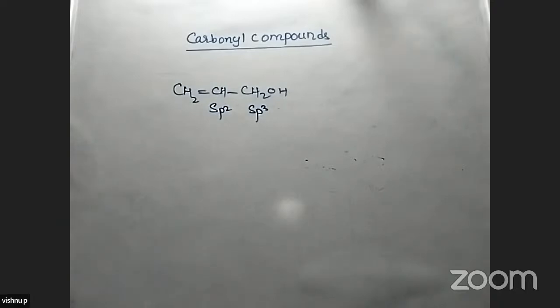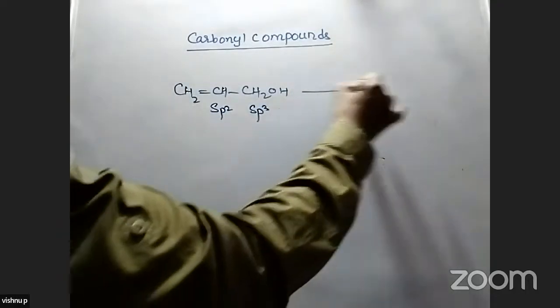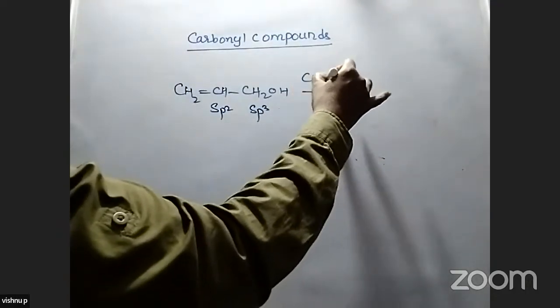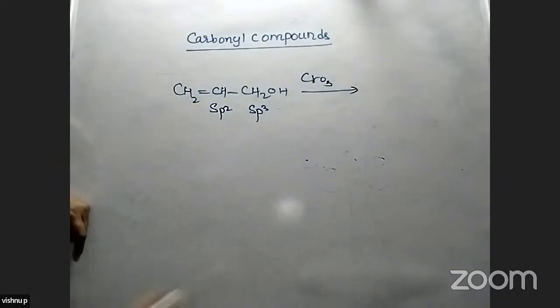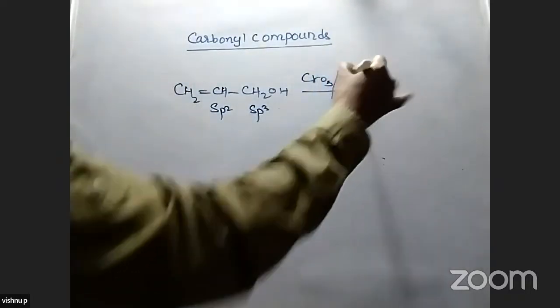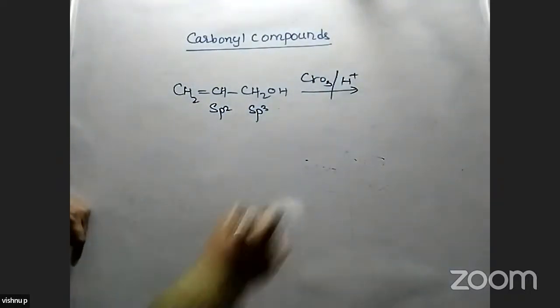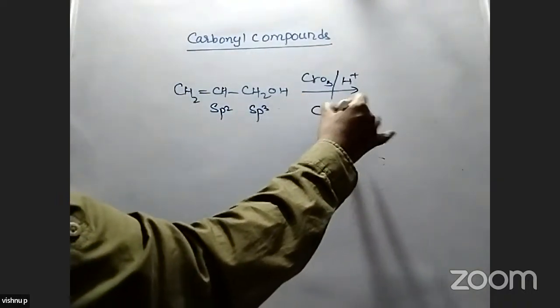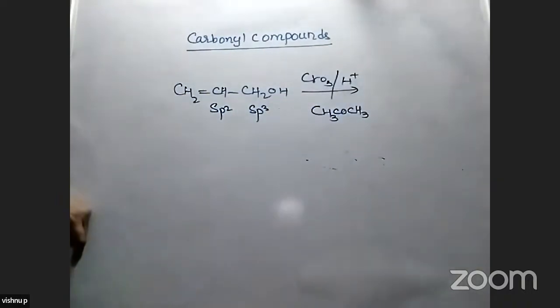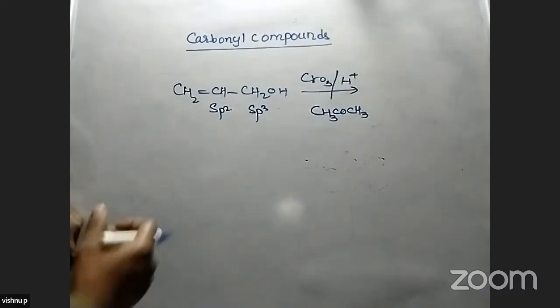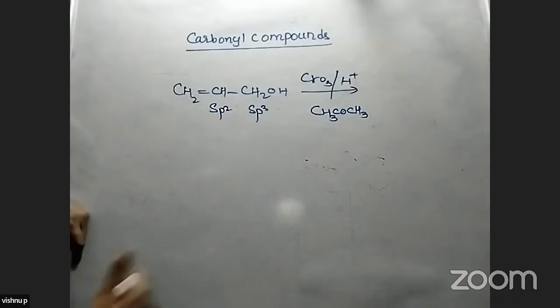In case of allyl alcohol, what type of compound is used? Chromium oxide in presence of acid, that is, in acidic medium. This reaction also takes place in presence of the solvent acetone. So this compound mixture is chromium oxide in acidic medium in presence of acetone.